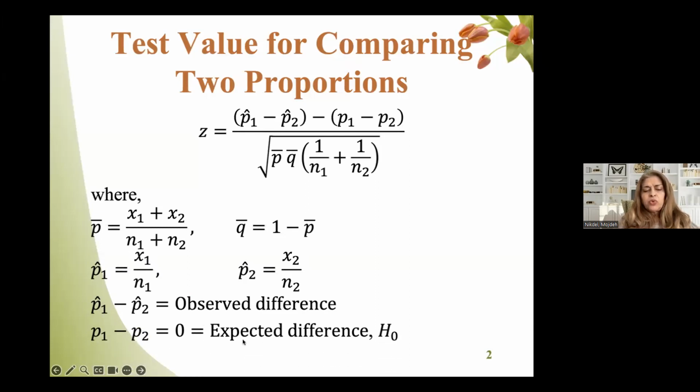P1 minus p2 is the expected difference and is always equal to 0. You will see p1 minus p2 in the null sentence, the H0 sentence. Again, you do not have to memorize this formula or use it. You're going to get the value for Z from your calculator.